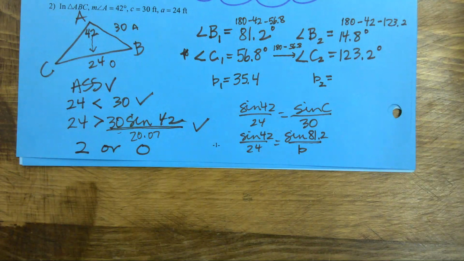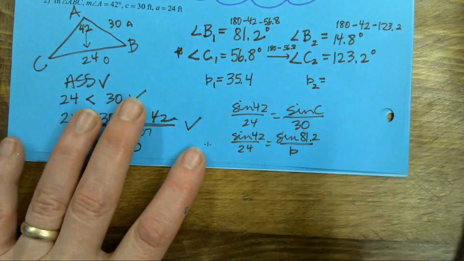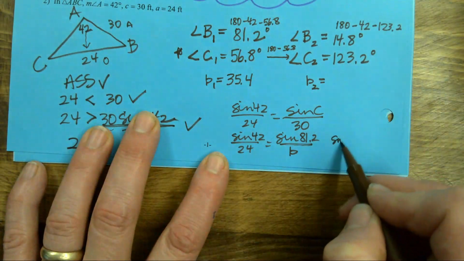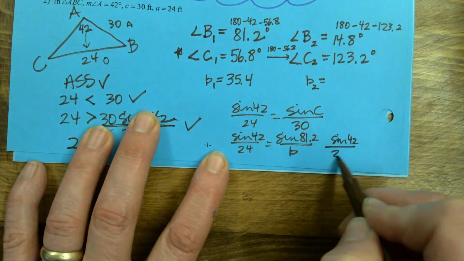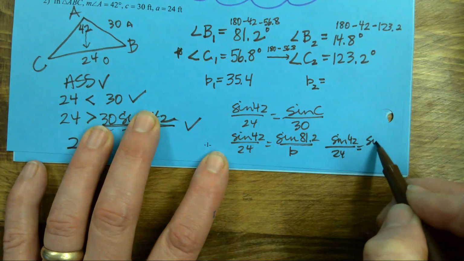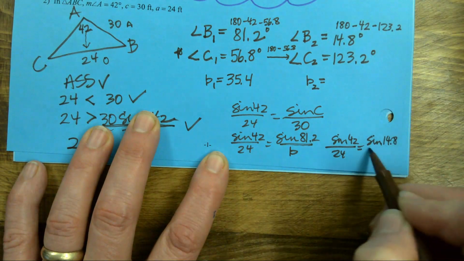And now that angle B shrunk substantially, because angle C was truly the bigger one, side B will also shrink substantially. So I'll go back and I will find side B, but this time I will solve it with its new angle, 14.8.